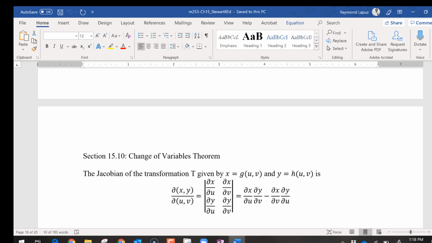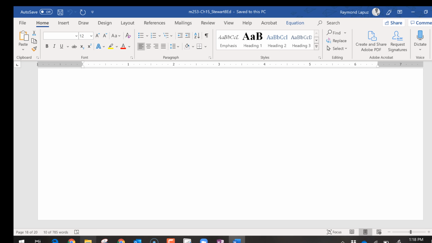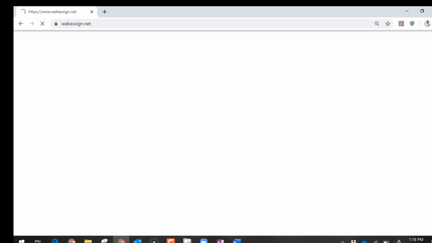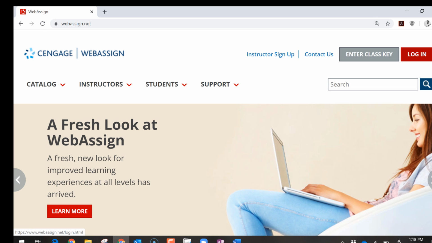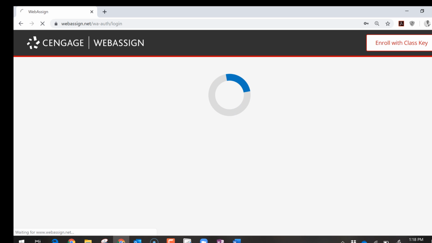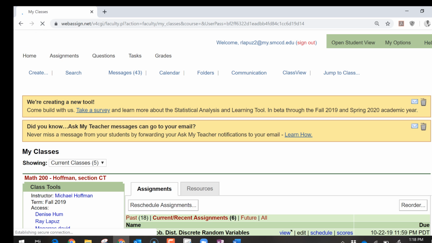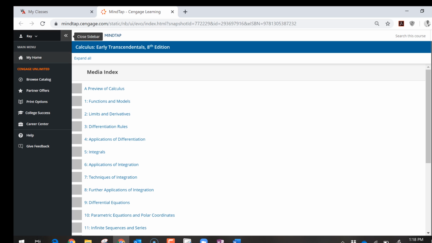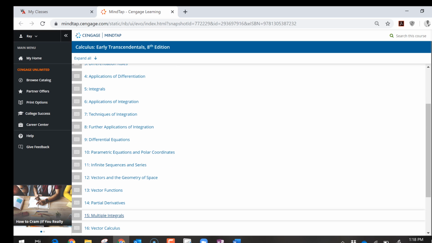Are there any examples here? Oh no, there's no examples. Pull out a book. We are in section 15.8.